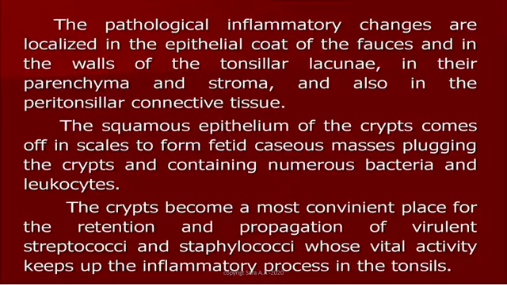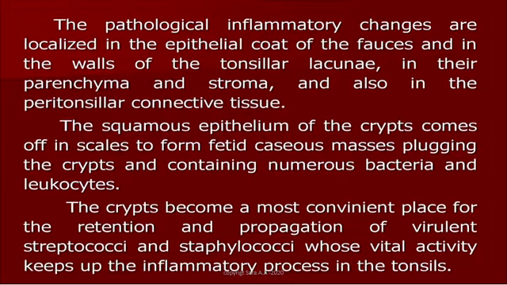The pathological inflammatory changes are localized in the epithelial coat of the fauces and in the walls of the tonsillar lacunae, in their parenchyma and stroma, and also in the paratonsillar connective tissue. The squamous epithelium of the crypts comes off in scales to form fetid caseous masses plugging the crypts and containing numerous bacteria and leukocytes.